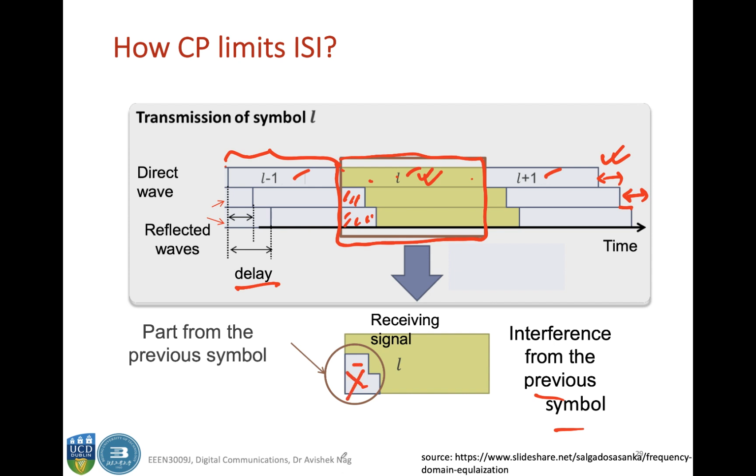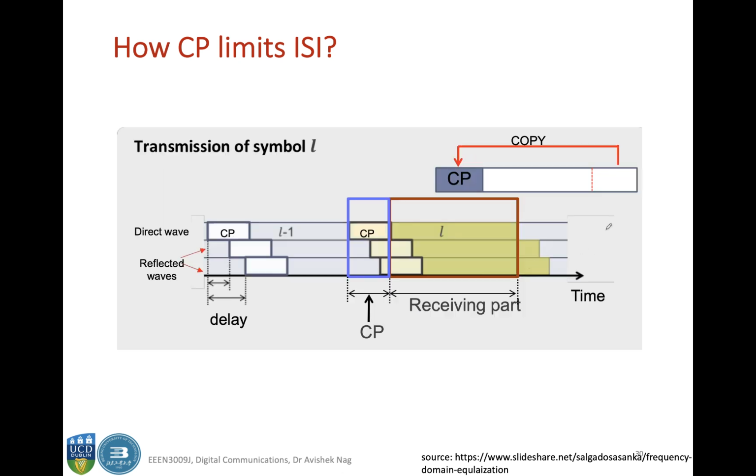Now if you add a cyclic prefix, where a copy of the last few symbols is added first, then because of this delay and the cyclic prefix, let's say this is the receiving window now.